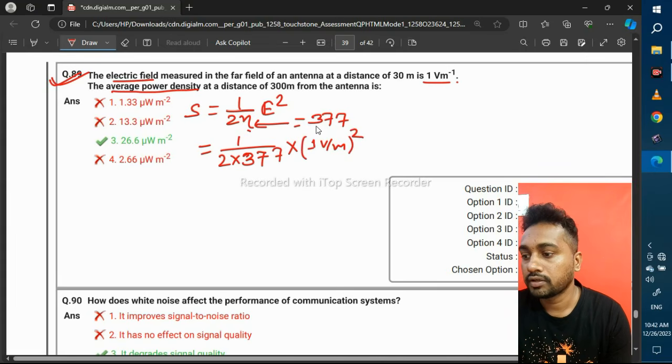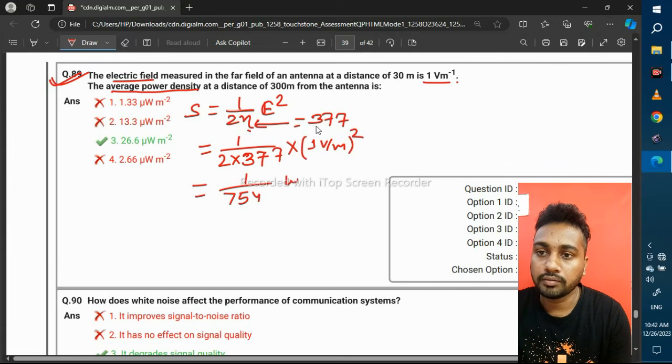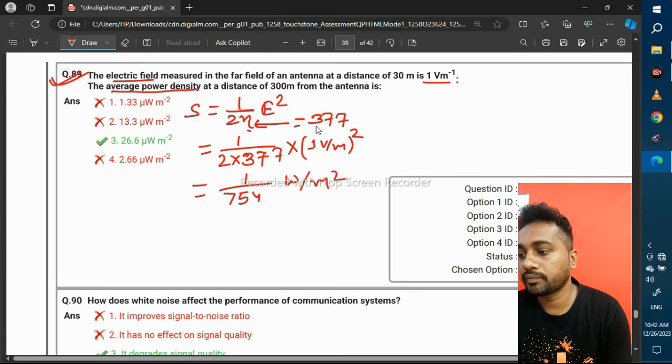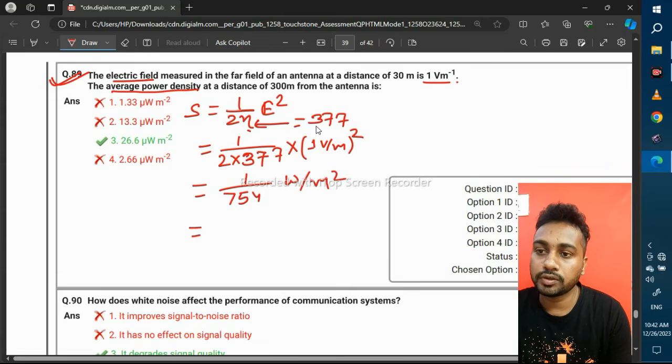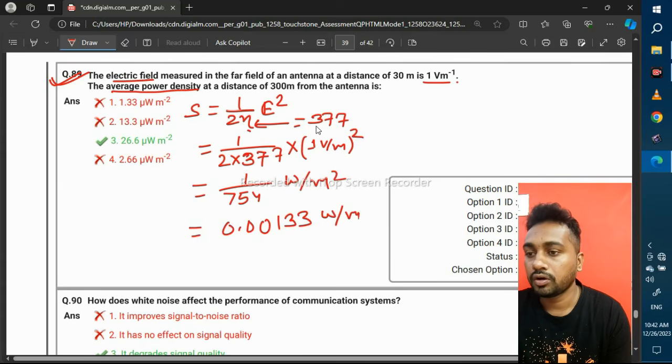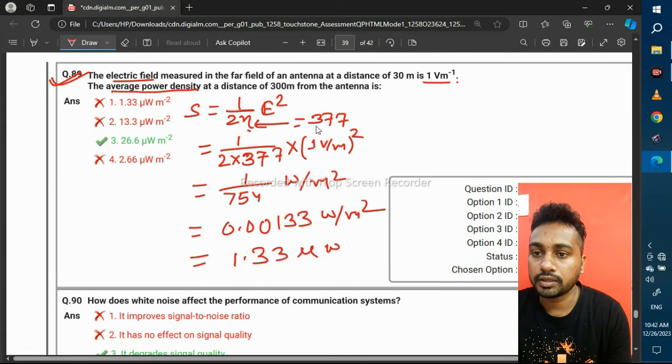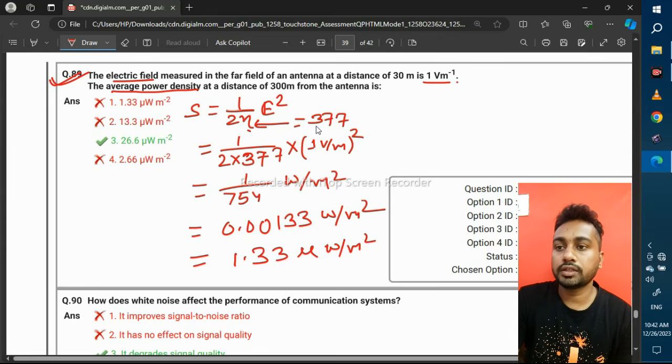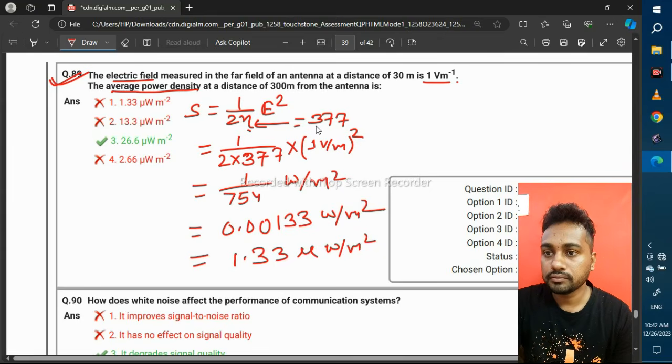So it will be 1 by 754 watt per meter square, equal to 0.00133 watt per meter square, or 1.33 micro watt per meter square. So by calculating this, I am getting this.